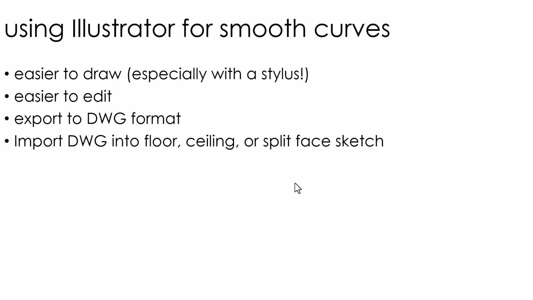Then in Illustrator, you can export it. You can't send it to Revit directly, but you can export it to a DWG file format. And that file format can be imported directly into a sketch. So it can save you a lot of time, particularly, for example, if you wanted to create a logo. Perhaps you have a logo that you've grabbed off the internet.